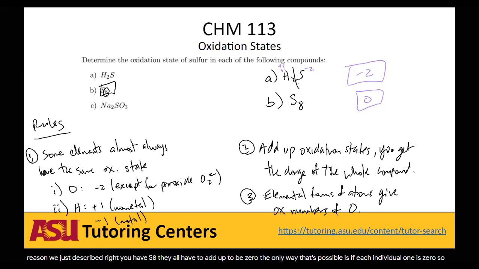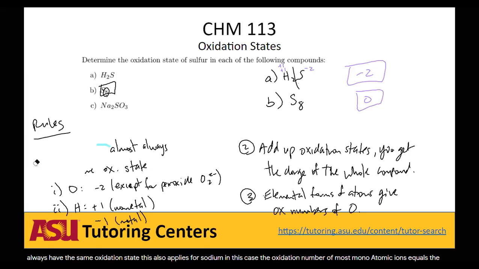Okay. So now let's apply those general rules that we have to part C. So as I mentioned, some elements always have the same oxidation state. This also applies for sodium in this case. The oxidation number of most monoatomic ions equals the charge of the ion. That's pretty much the most important rule. I'm going to put it over here.